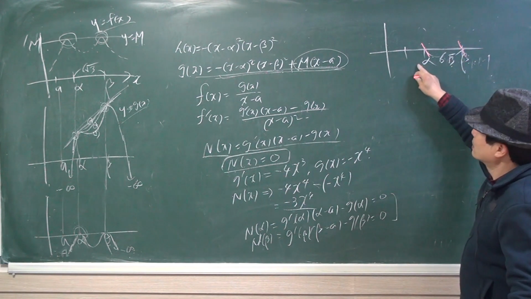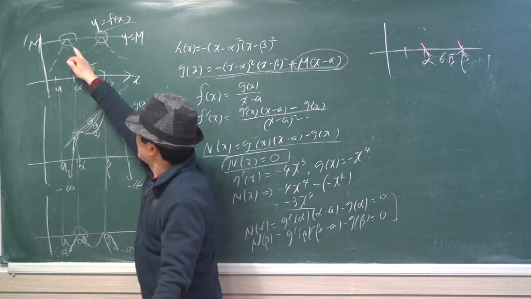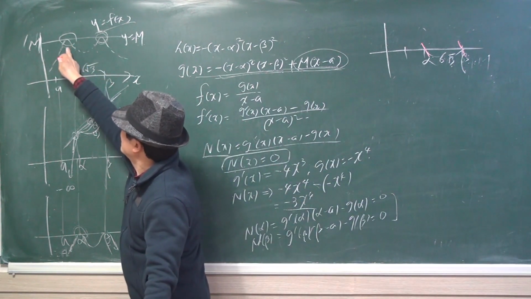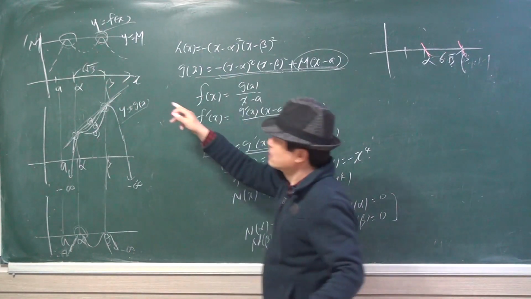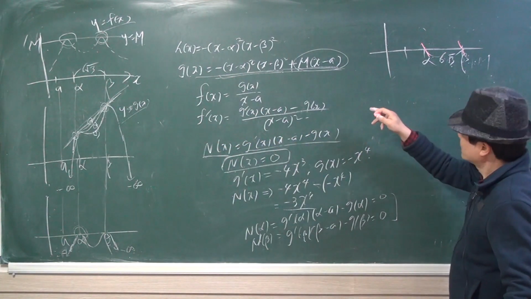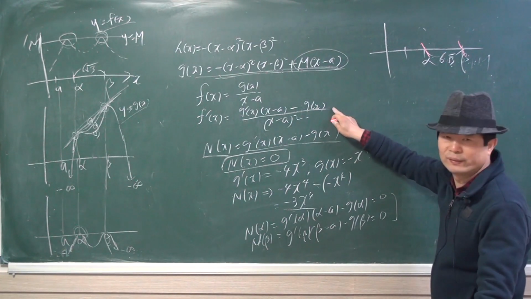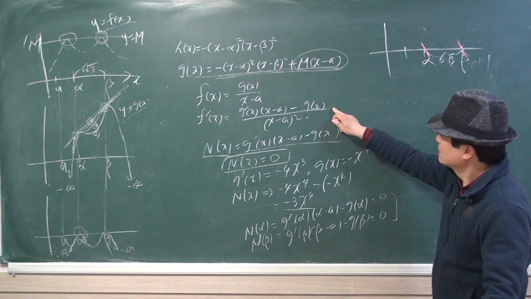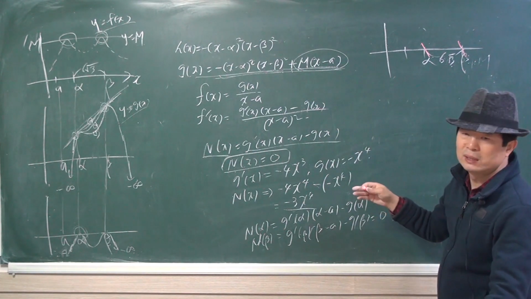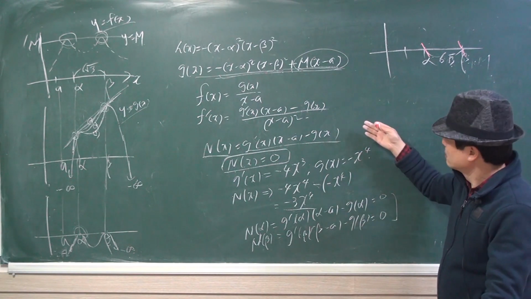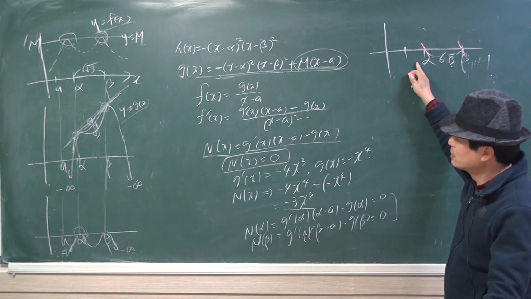because at alpha and beta, f has a local maximum, and n(x) comes from the derivative function of f(x), so the value means the slope of the tangential lines.